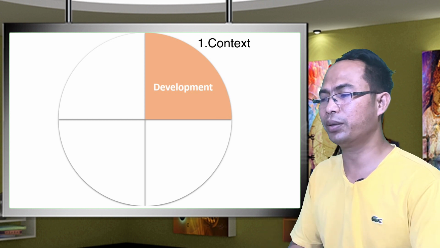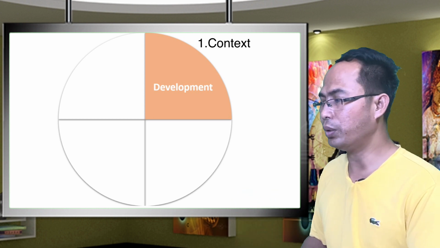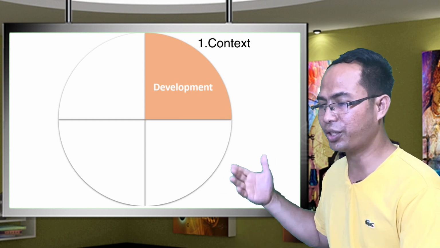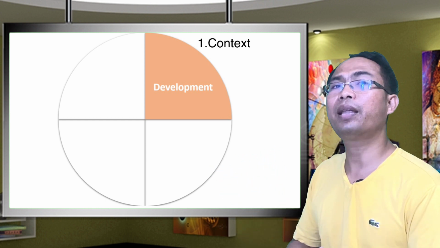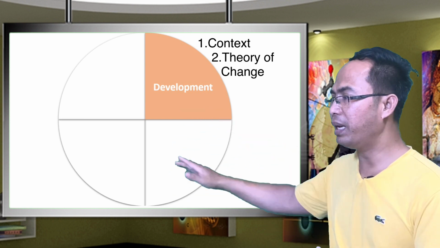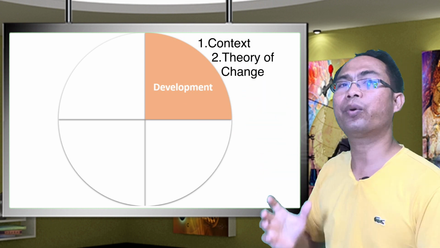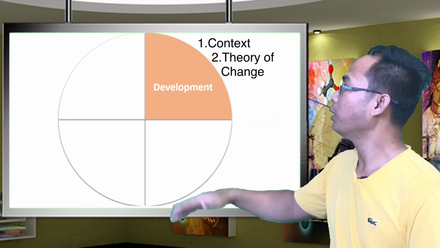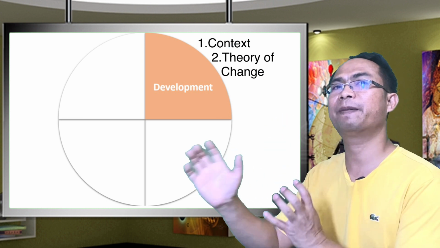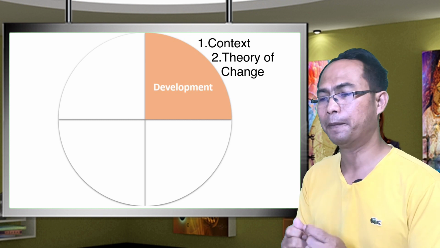It is good for M&E practitioners to help the program team conduct the contextual analysis. From the contextual analysis, the M&E officer or M&E manager needs to help the proposal development team develop a thorough theory of change for the specific project that we would like to get funded.